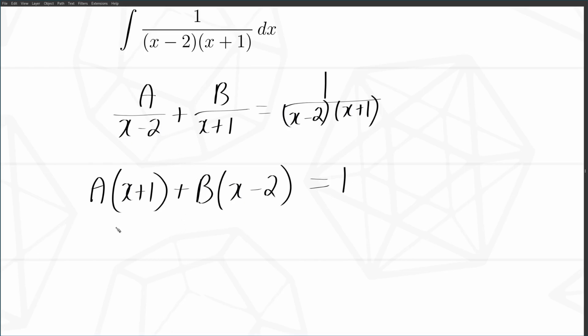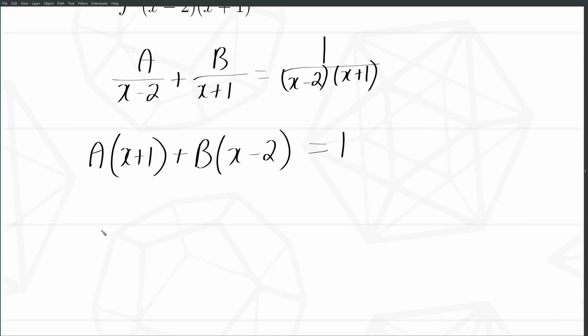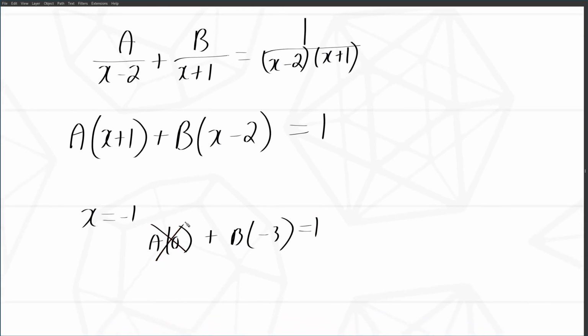So for the first case, if x is equal to -1, we're going to have a times 0 plus b times -3 is equal to 1. The a cancels, and we're left with -b times 3 is equal to 1. In other words, b is equal to -1/3.